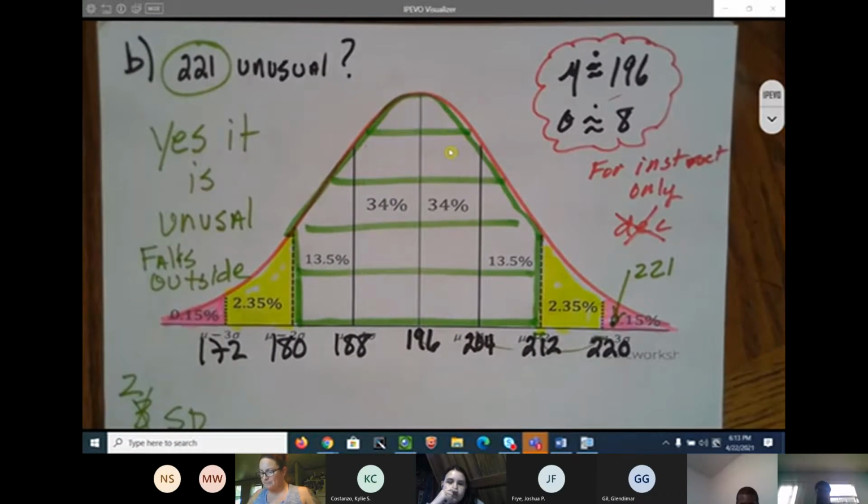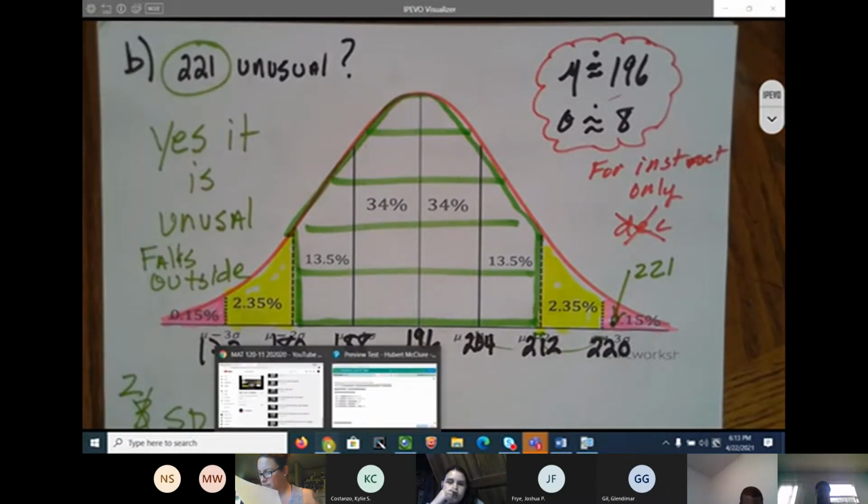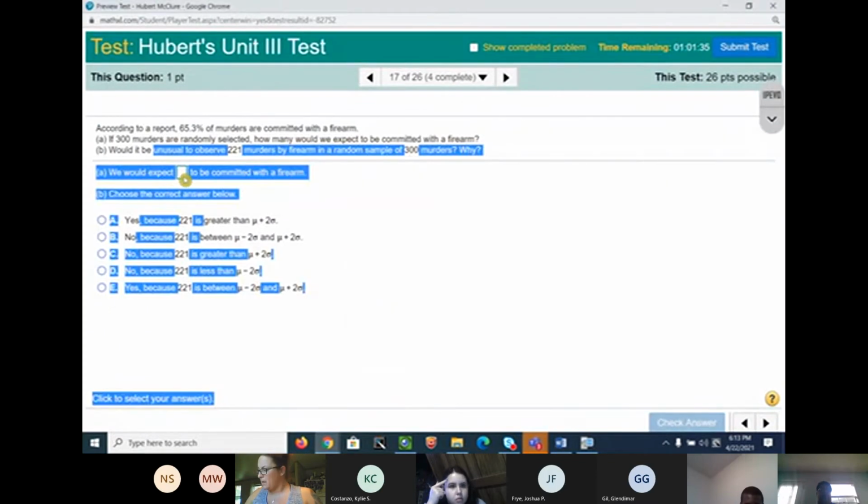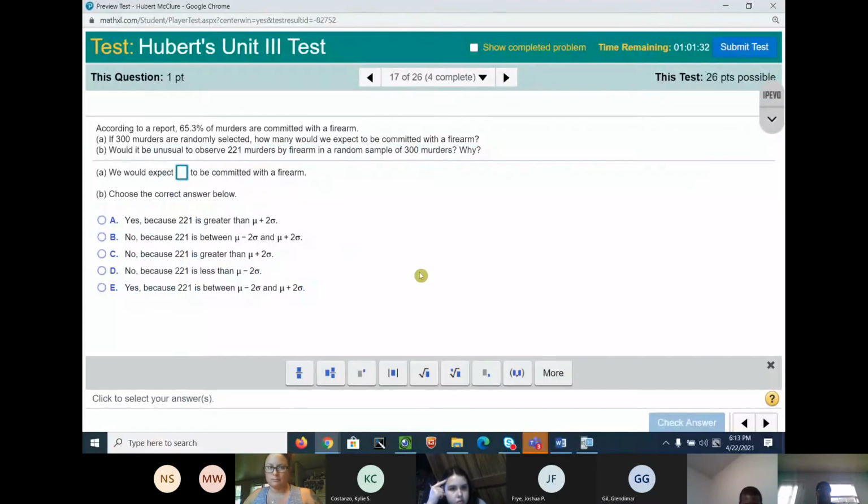So the first question on the test is how many people, and they probably want you to round it up, how many people were murdered by a person with a firearm?